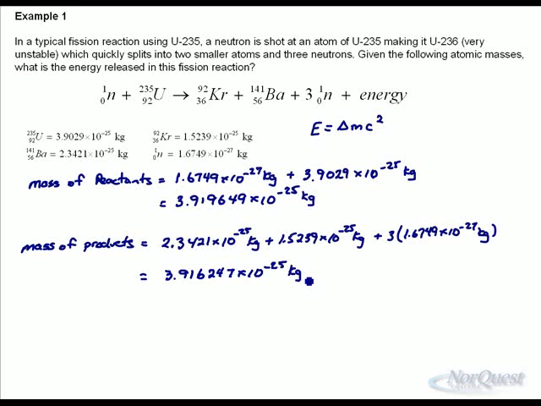I suggest punching that in first, 3 times the 1.6749 times 10 to the negative 27, then add the other two numbers to that answer, and you should get this result. The mass of the products must be a little bit less than the mass of the reactants, and I have that.